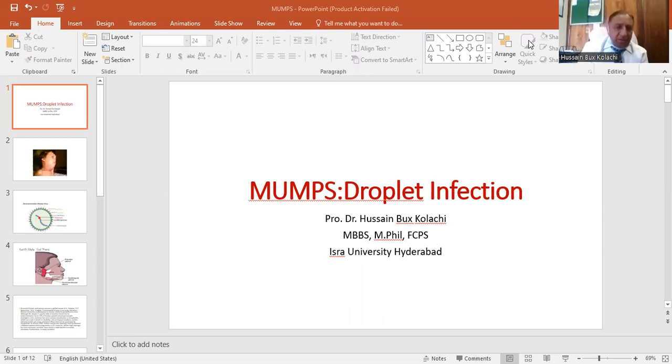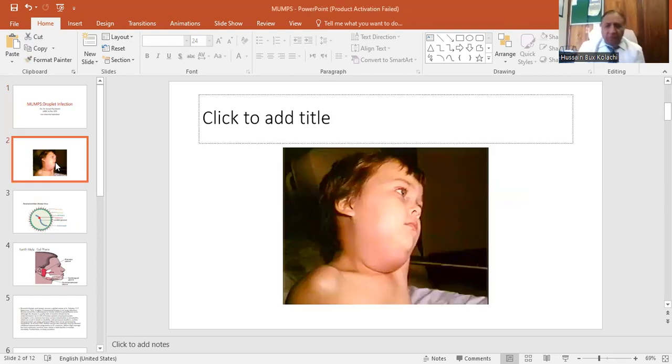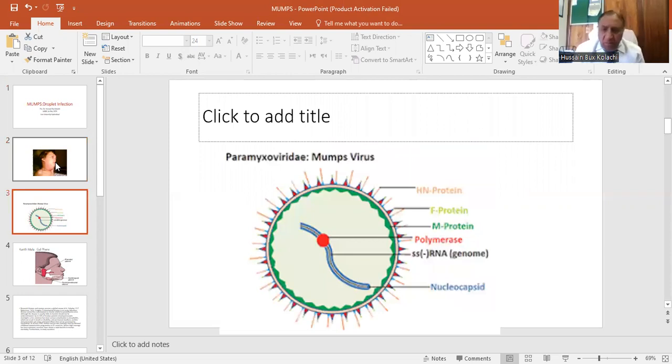So mumps is basically a childhood infection, but adolescents can also be affected. You can see this slide, which shows the picture of a boy, and the neck is the main area where swelling, difficulty in chewing, fever, and other symptoms are there. Basically, this is a viral disease, and you can see the picture of the mumps virus.